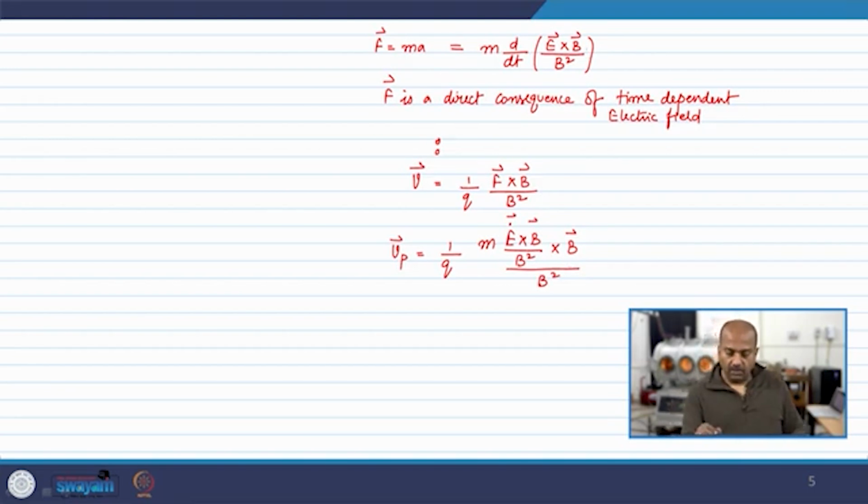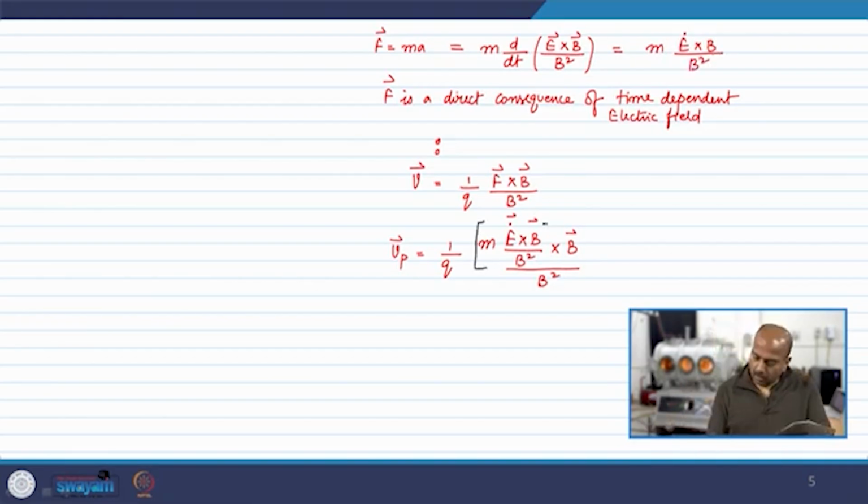I took the time derivative inside, so I can write m E dot cross B by B square. All of this is the force, 1 by q F cross B by B square.